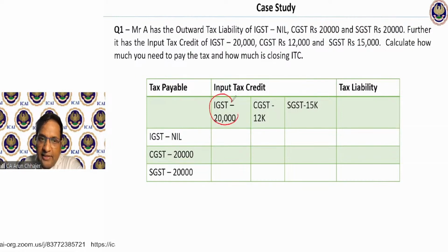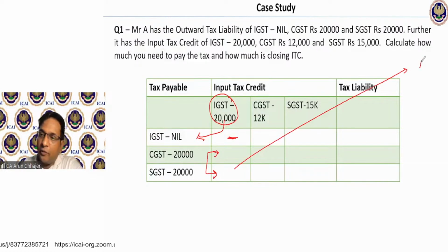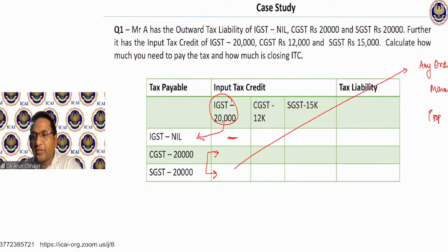First, IGST will be used toward the IGST tax liability. If after utilizing the IGST ITC toward the IGST tax liability a balance remains, it has to be given to CGST and SGST. Now, please note, the law says any order, any manner, and circular 98 says any proportion.